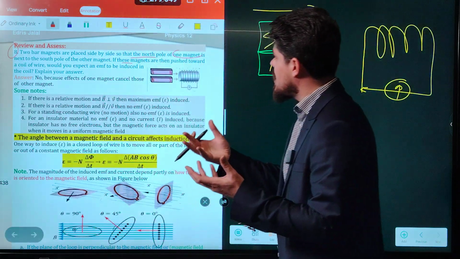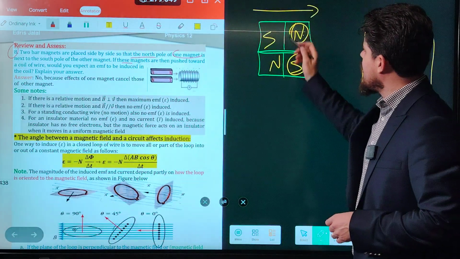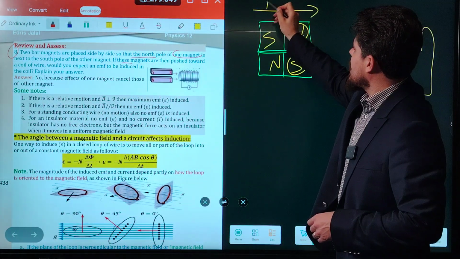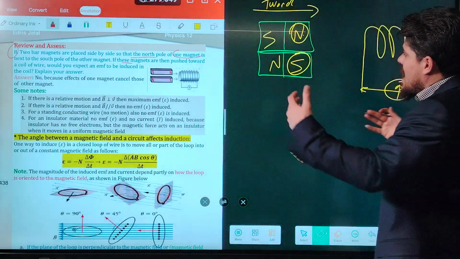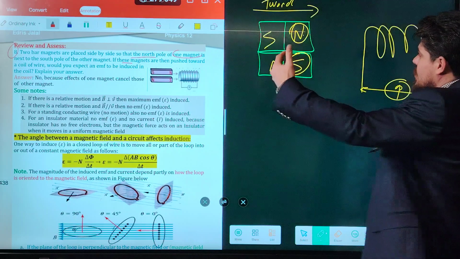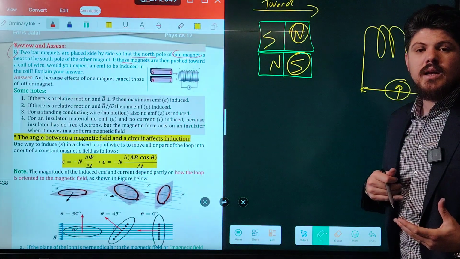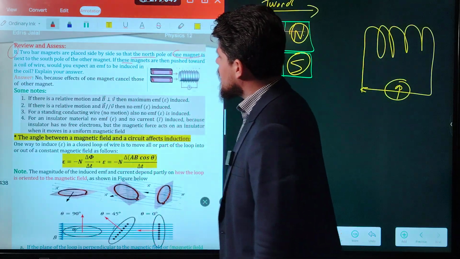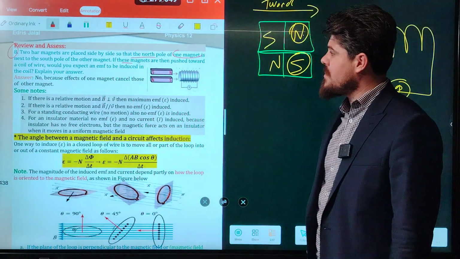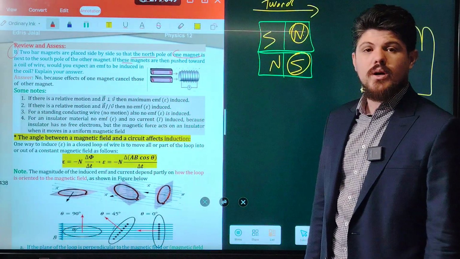If these magnets are then pushed toward a coil, if the magnet is moving toward the coil, do we have a relative motion? Yes, of course, we have a relative motion by pushing the magnet into the coil. Would you expect an electromotive force EMF to be induced in the coil?